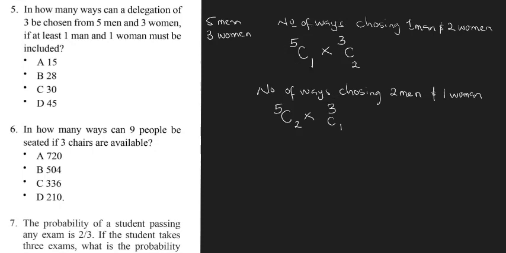So what is the meaning of this statement? It means that for this one, 5 combination 1, this implies that we have 5 factorial over 1 factorial into open bracket 5 minus 1 close bracket factorial.